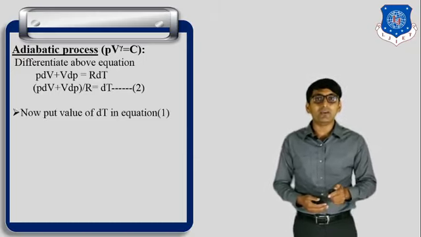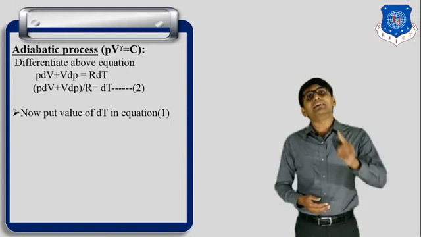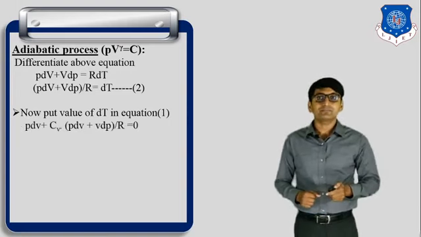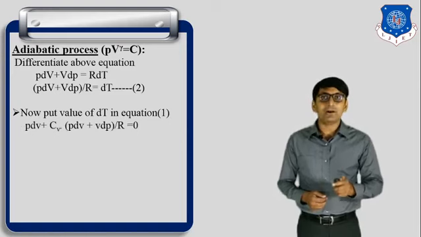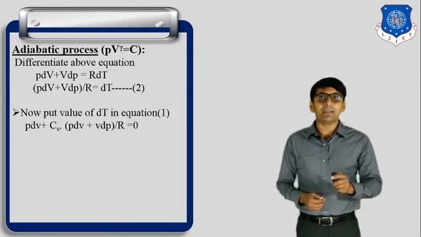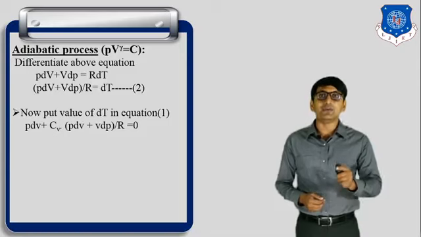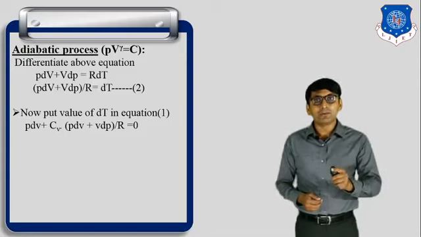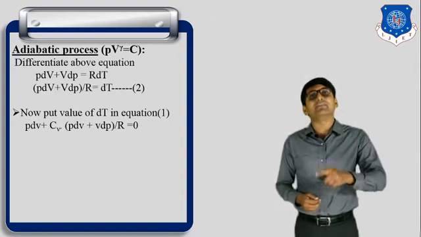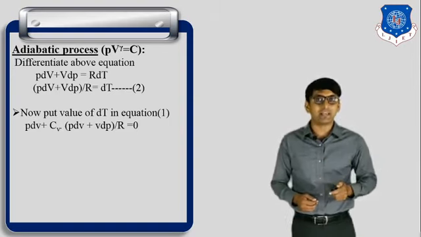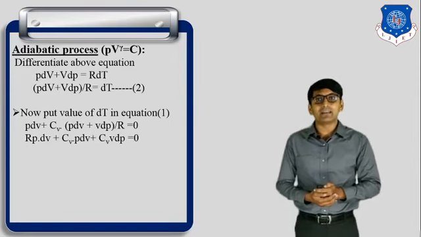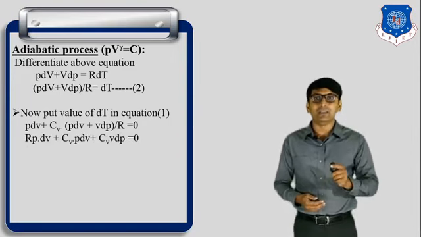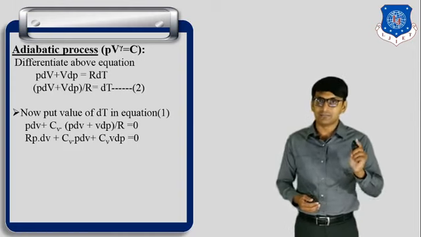Now put the value of dT from equation 2 in equation 1. So we get P into dV plus Cv bracket P into dV plus V into dP divided by R is equal to 0. Now cross multiply R, so R P into dV plus Cv P into dV plus Cv V into dP is equal to 0.